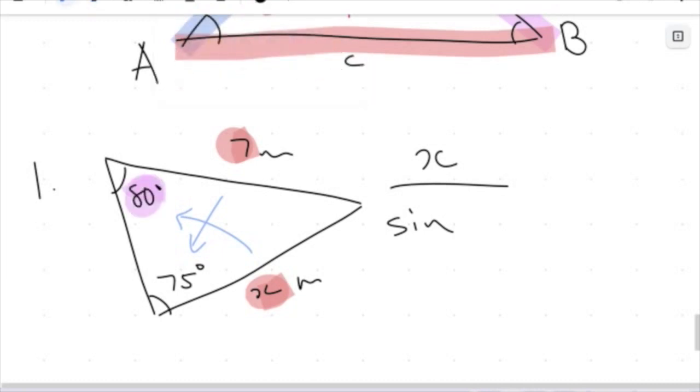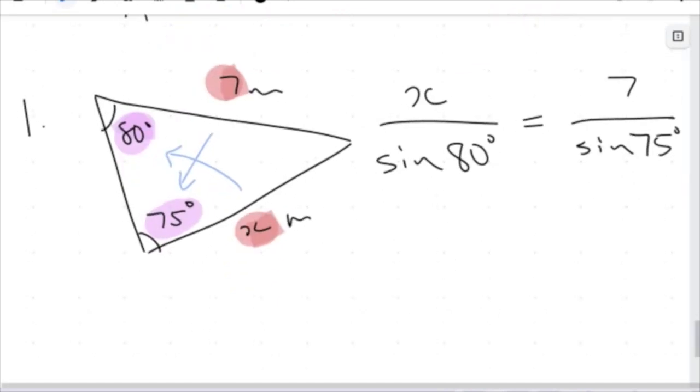So x over sine 80 is going to be equal to another side, 7, over the sine of the angle opposite to that one, which is 75. That's going to give me x over sine 80 equals 7 over sine 75.